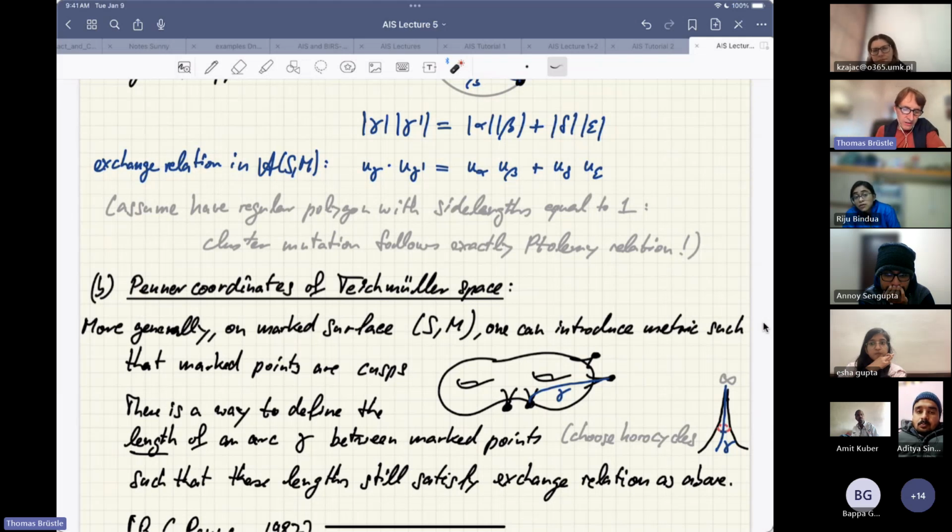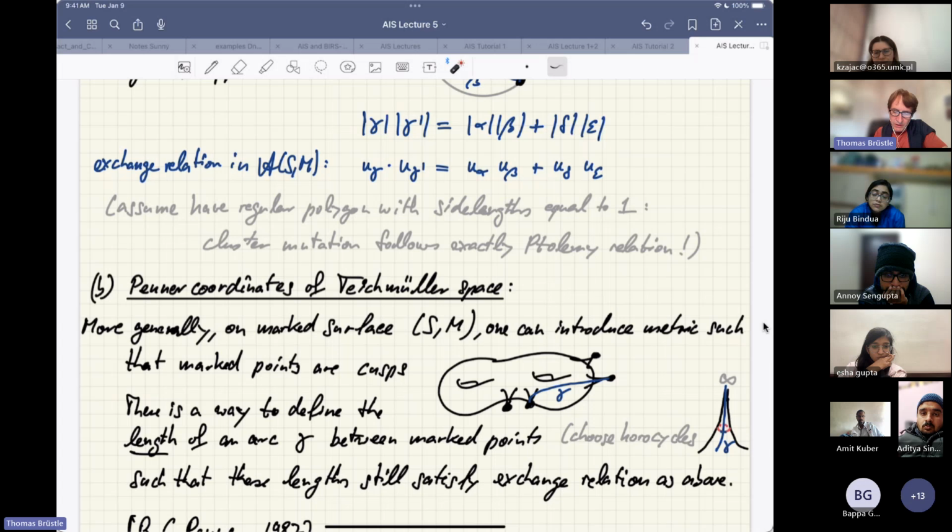So this is what is called Penner coordinates on the Teichmüller space. The Teichmüller space is the collection of all those possible triangulations, if you wish. So he introduced a different metric on the surface that turns the marked points into cusps. So the marked points, they are kind of sitting at infinity.